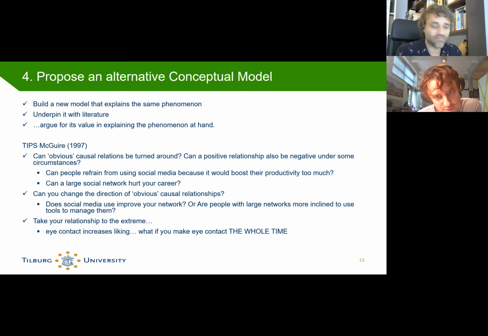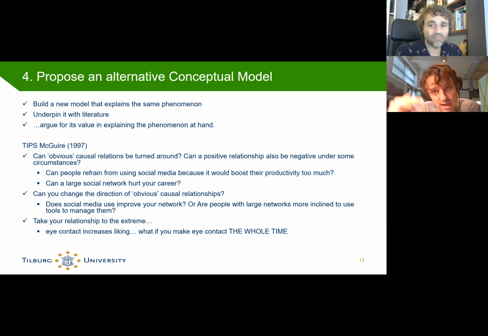Okay, so after coming up with an alternative conceptual model, we're moving on to the methodology. We want to reflect on whether the study they developed is an appropriate one for the research question.